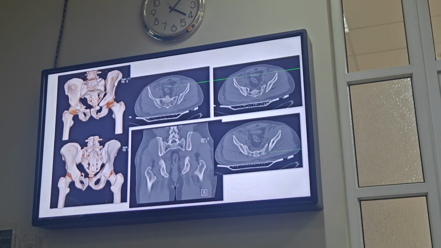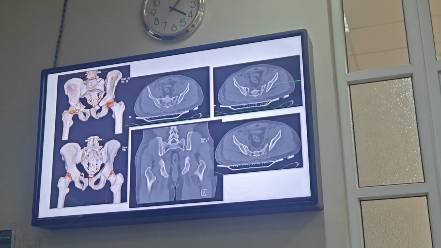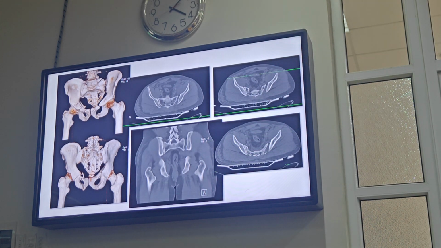It is difficult to differentiate between APC3 and vertical shear because both of them are rotationally unstable and vertically unstable. Okay? So how will you fix them?